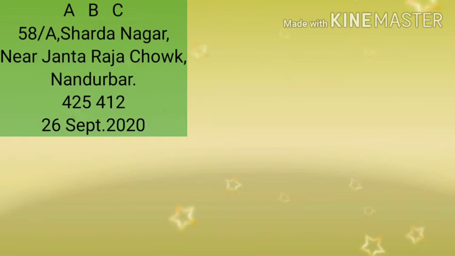Now the actual address is over. So instead of a comma, now we have to put a full stop after Nandurbar. Then we have to mention the pin code number, if any. So here is the pin code number of Nandurbar, 425412. Is that clear? Okay.